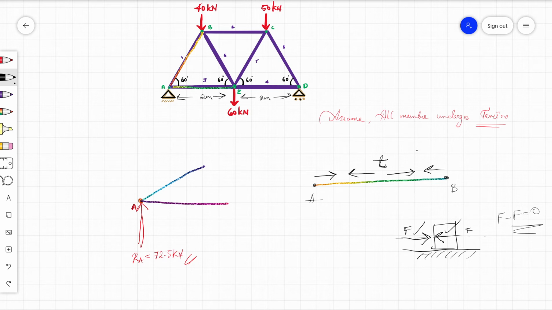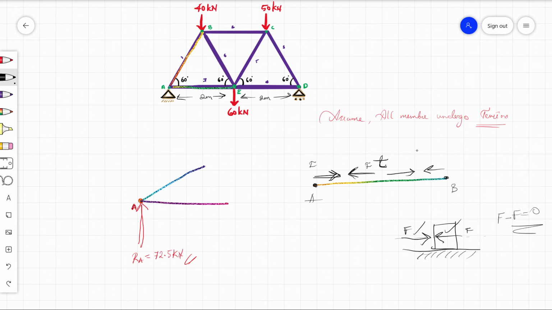If we assume the truss member is in tension and both forces are going away from each other, to have an equilibrium condition, from the joint there will be an internal resistance force generated. If the internal resistance force F is equal to the tension created by F, both get cancelled out, and the truss will be holding in the equilibrium condition.